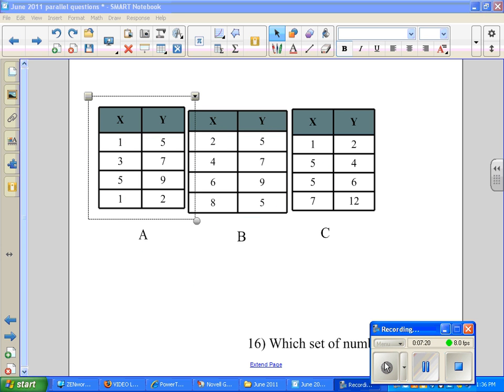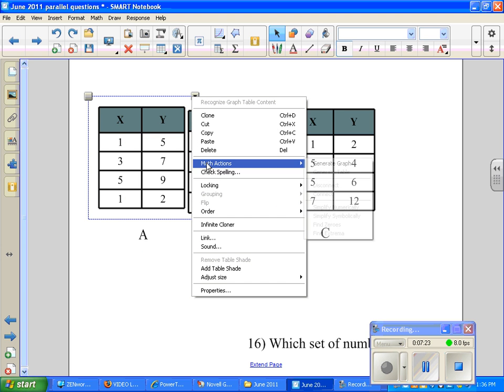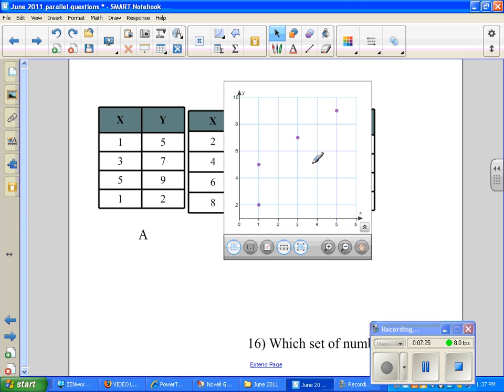Let's take a look at this. The first one we just graphed, and you will notice that these 2 points are above each other. So no, it's not a function if we were given a graph.